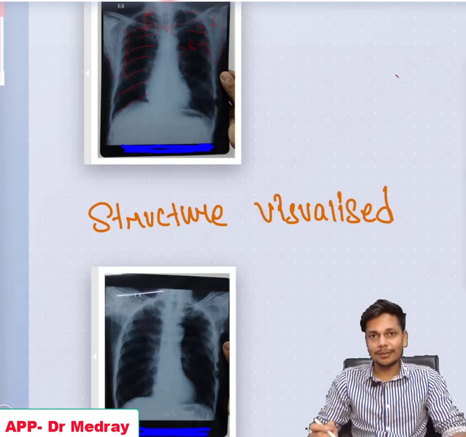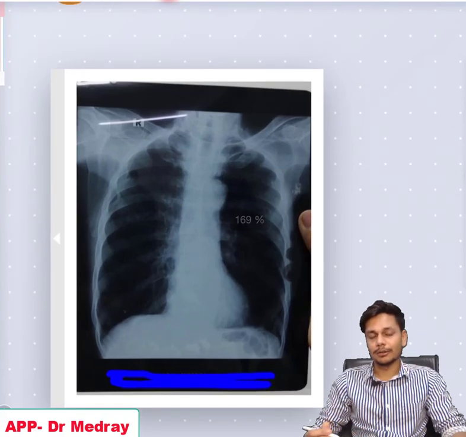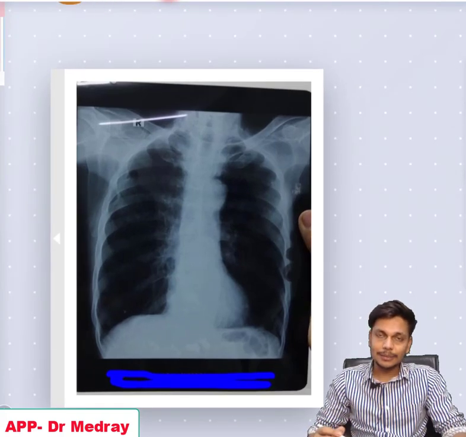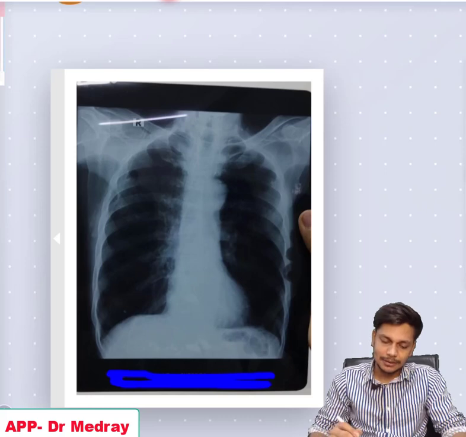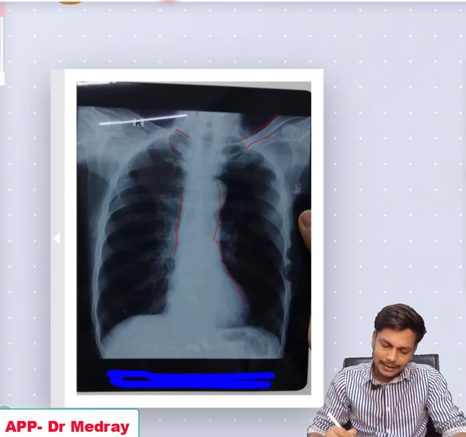Now after mentioning all these points, you have to say the normal structures visualized here. The structures visualized here are the rib cage, the clavicles, the sternum, the cardiac shadow, the diaphragm, and a little bit of the upper part of the abdomen.